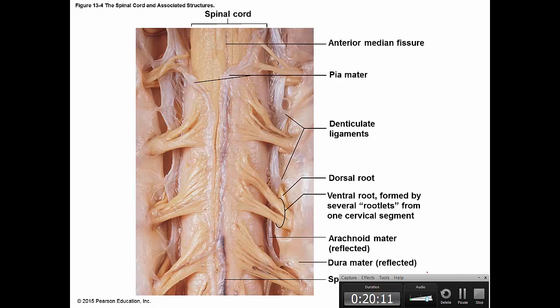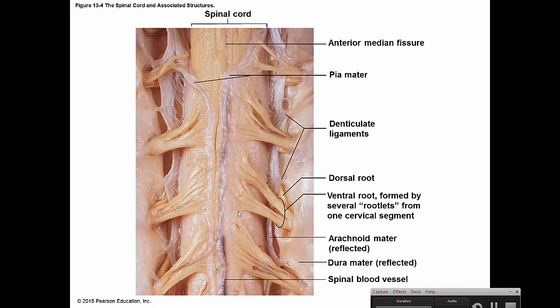Here's a very nice picture that shows you the components of the spinal cord and spinal nerve. So this part here is my spinal cord. And these here are my spinal nerves, which are made of two rami that we will talk about.